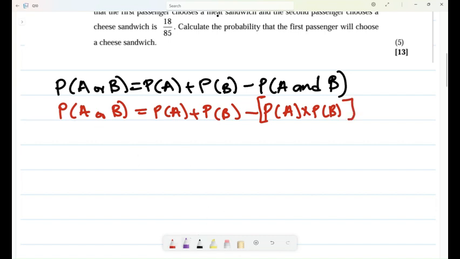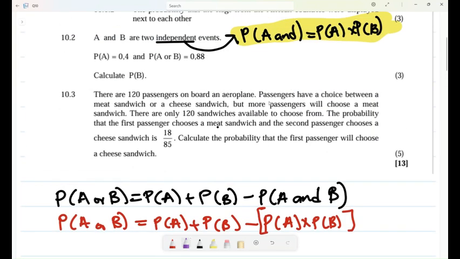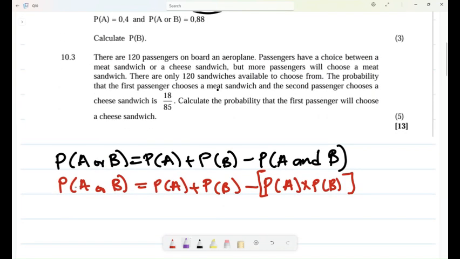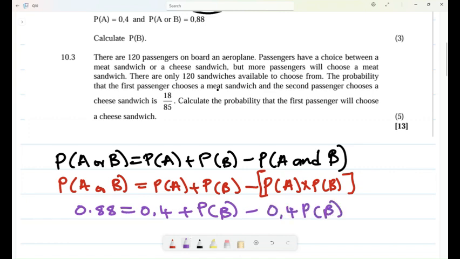Am I in a position to substitute? Yes. What is the probability of A or B? It is 0.88. The probability of A is 0.4. What is the probability of B? It is what I'm looking for. Minus the probability of A multiplied by the probability of B, which is 0.4 multiplied by the probability of B.